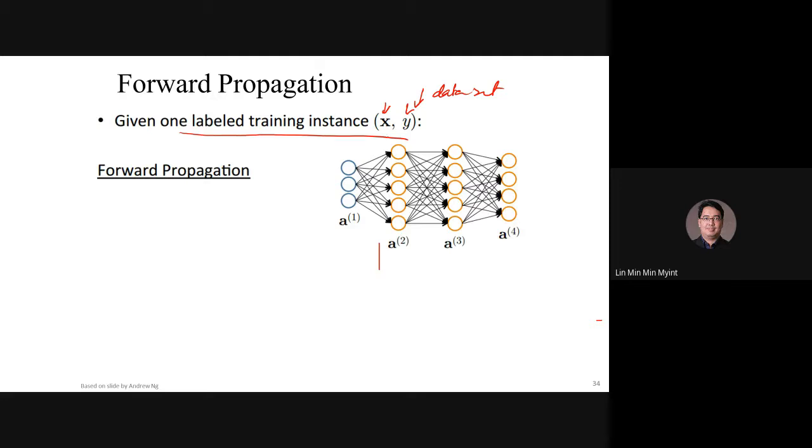If we have that, we can calculate W and B. And if we design well, we can calculate the optimized W and B, and then our model will perform well. So after we get this X and Y data set, we have to calculate the forward propagation first.